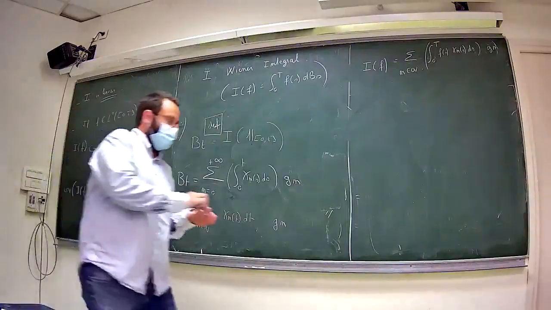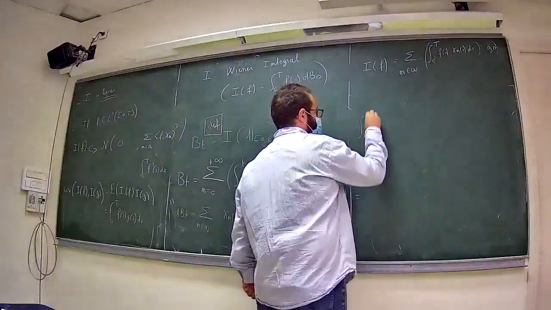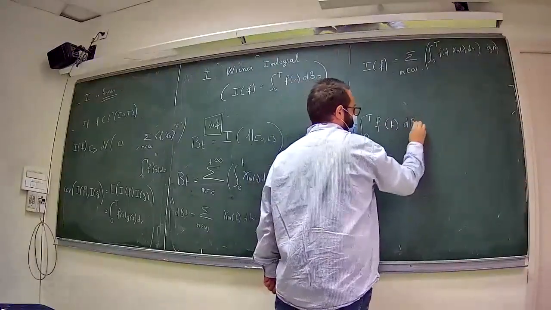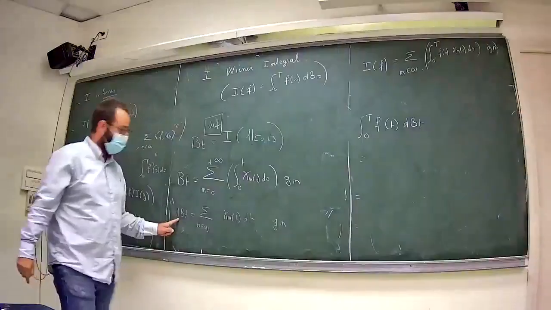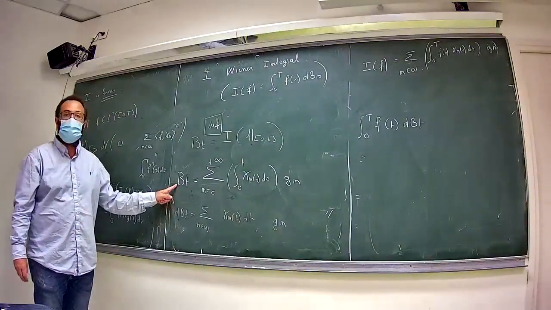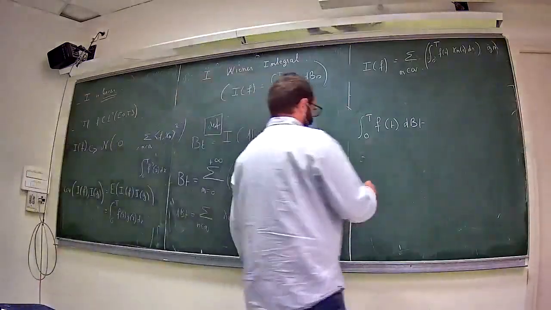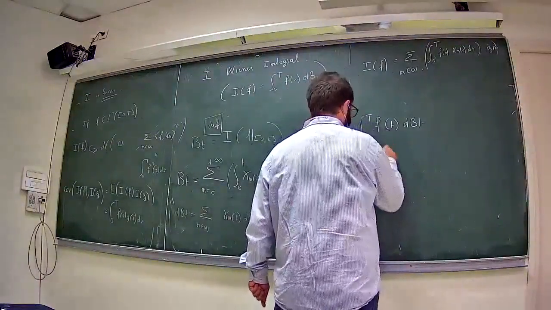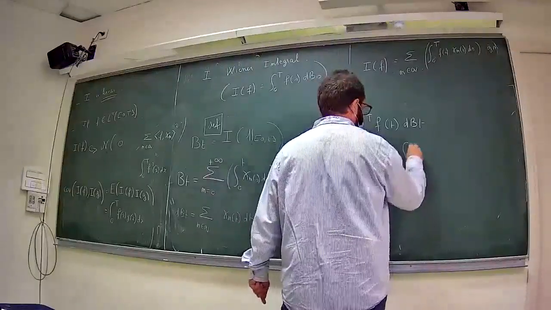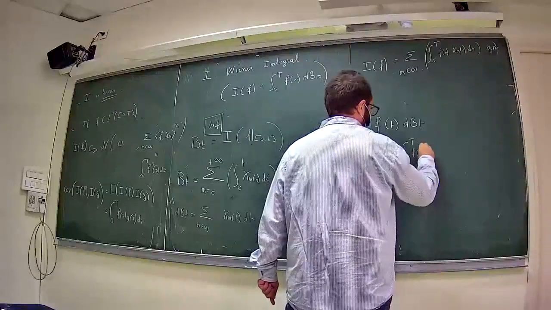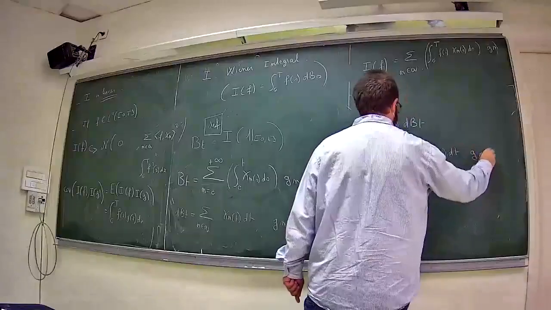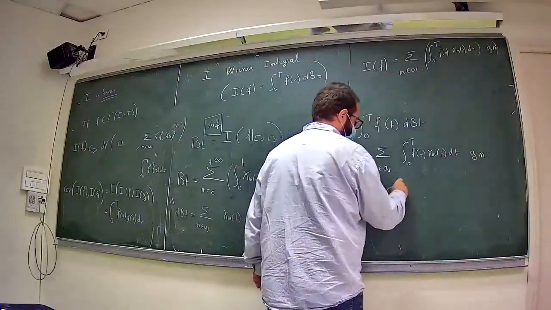If I take the integral between 0 and capital T of f of t dB_t, using the intuitive relation deduced from this one, I obtain the sum of the integral between 0 and capital T, f of t, e_n of t, dt, g_n, that is simply I of f.